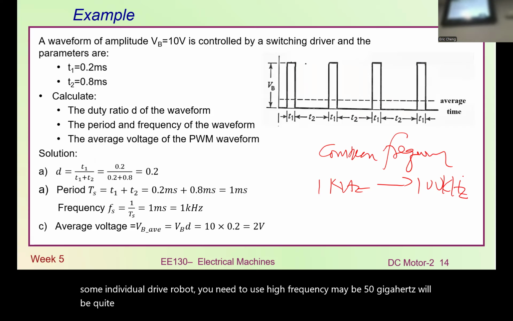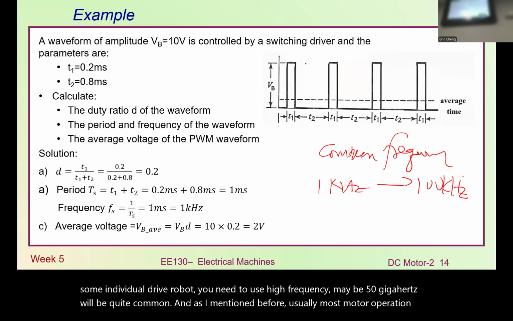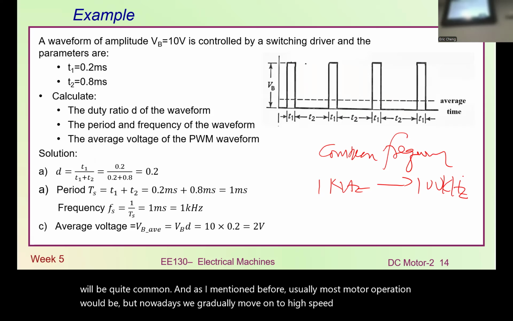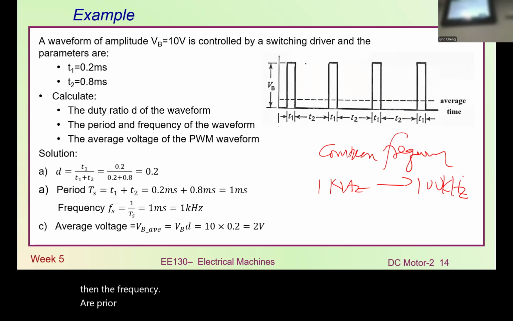As I mentioned before, usually most motor operations will be around 10,000 RPM. But nowadays, we gradually move to high-speed motors, maybe 30,000 RPM. Then the frequency applied to the motor needs to be even higher so that they can be compatible. So that's normal operation for the motor.